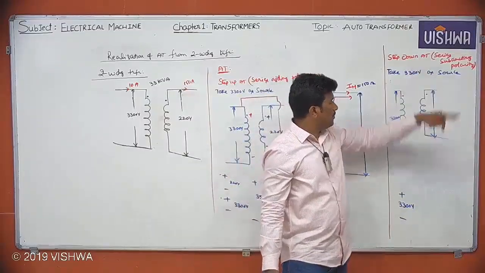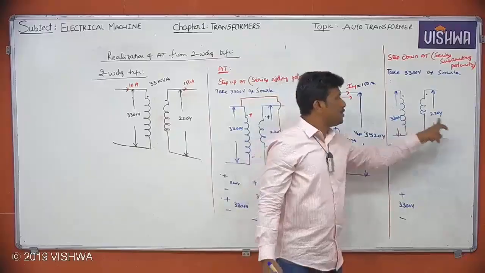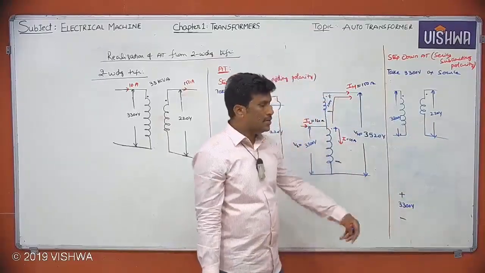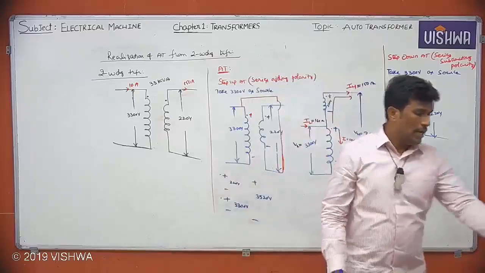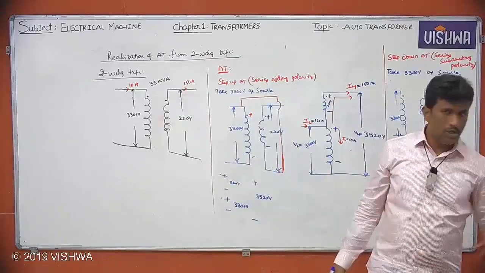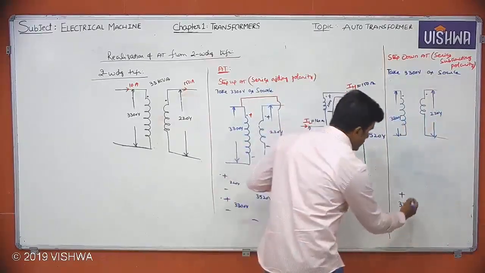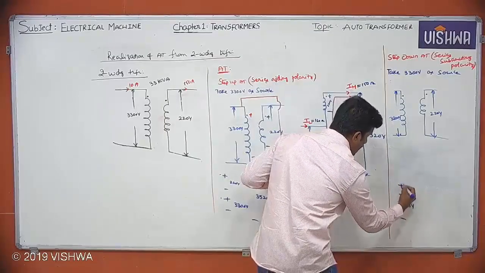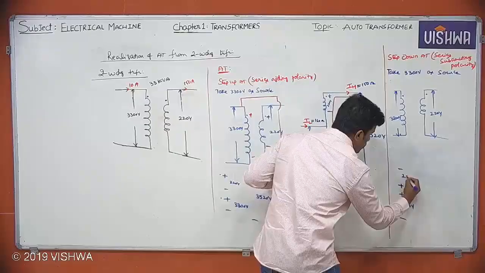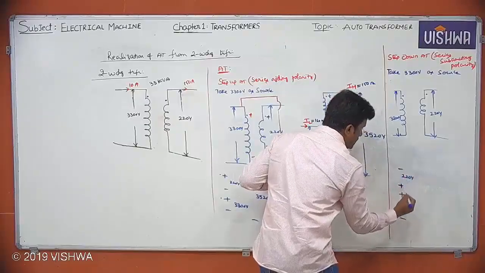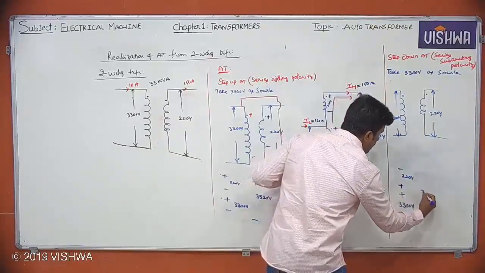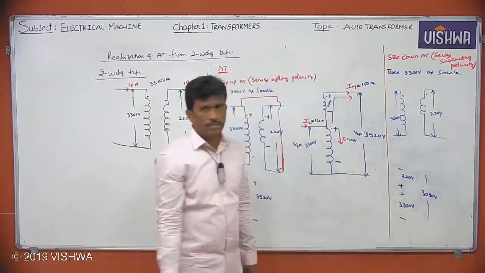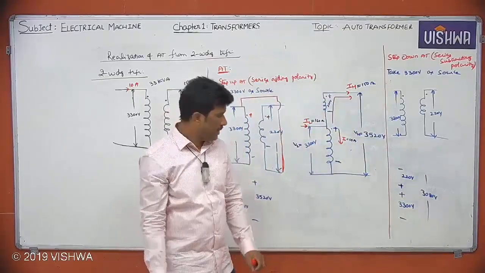Step down means 3300 minus 220. It's not adding, it's subtracting, right? Minus 220, you'll get around 3080. So here plus minus is there, so definitely here plus should be there and minus should be there. This is the 220 volts winding, minus plus, plus minus. Then you'll get here 3080. Is it clear? Very simple thing.